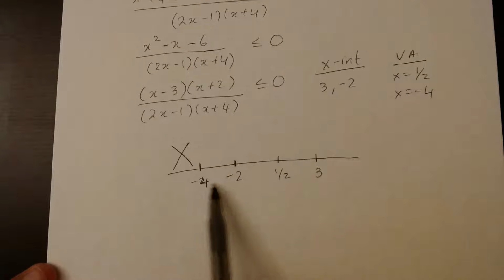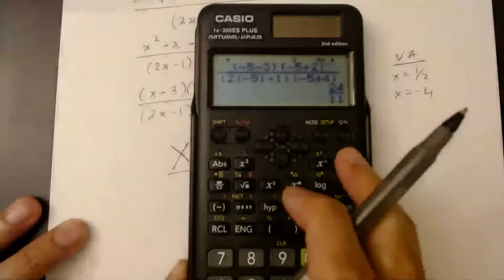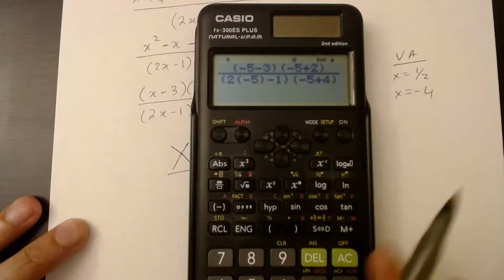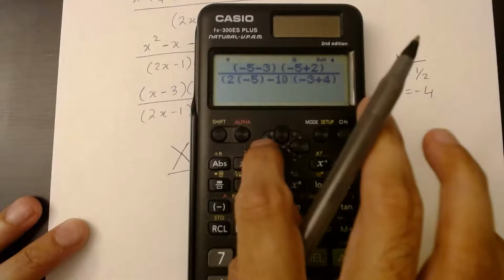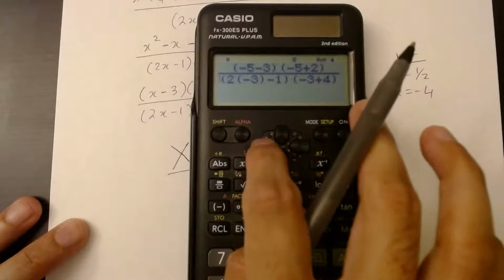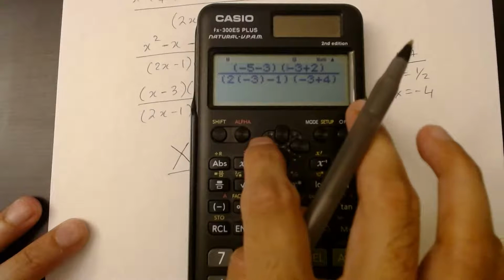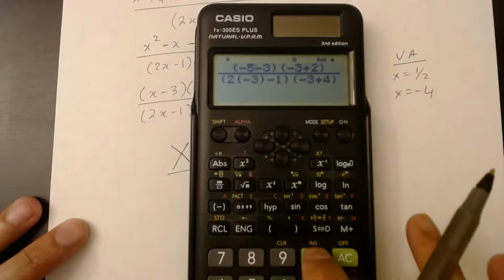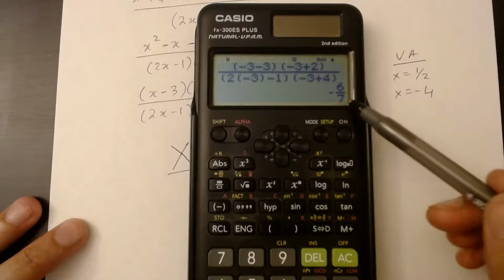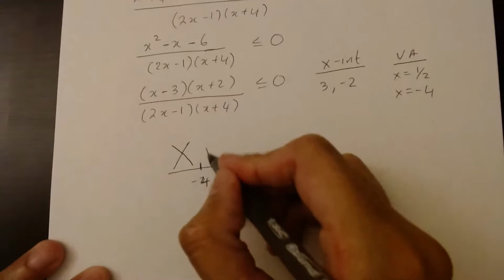Next, I'll pick a number between negative 4 and negative 2. I'll just replace negative 5 with a negative 3 in my calculator. Now I get a negative solution. A negative solution is less than 0, so this range is good.